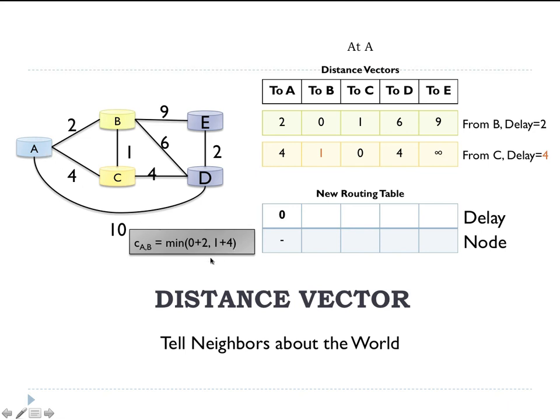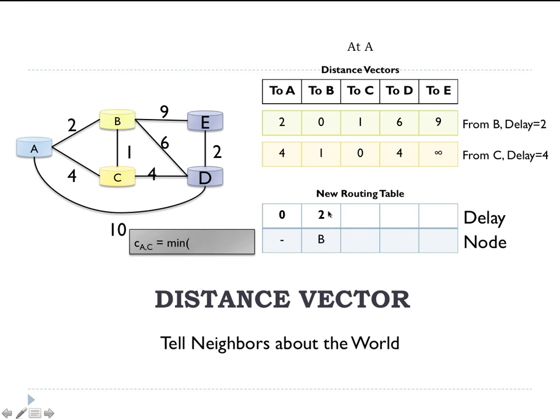So I can get to B through C in 5. I know that C can get to B in 1 and A can get to C in 4. So that's 5. Our two options of getting to B are through B at a cost of 2 or through C at a cost of 5. Which one do you want to choose? All right, the smaller one, the 2. So that means we're going to say I can get to B through B in 2.